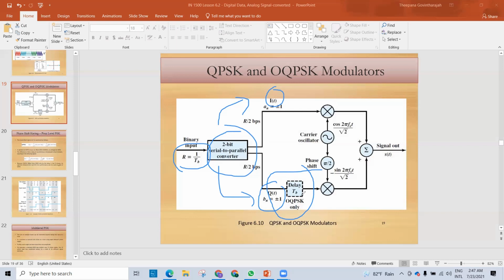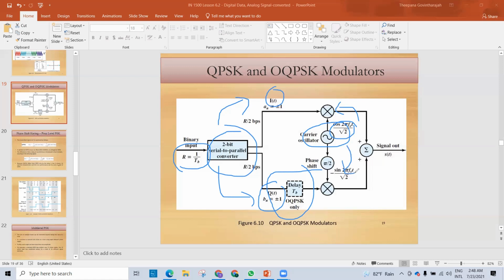That's why it is denoted by a dotted line. And this is the carrier oscillator, which produces the carrier frequency for the modulation. From the carrier oscillator, cos 2 pi fct by root 2 signal will be output.